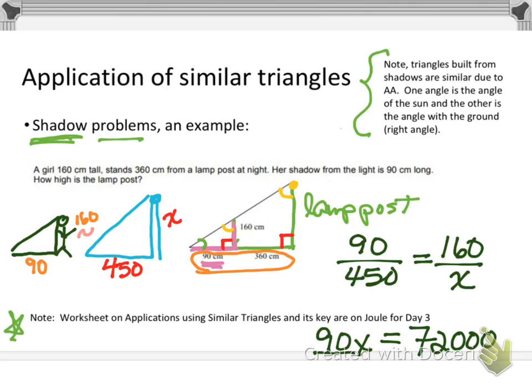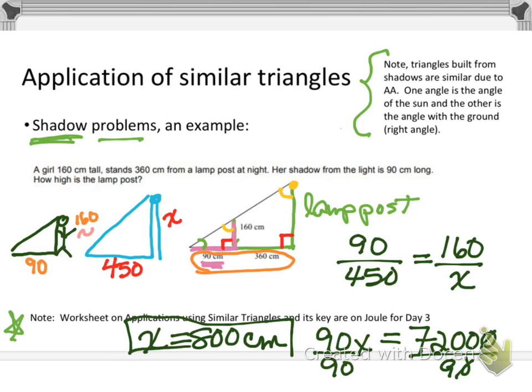Divide both sides by 90. Okay, so that's 7200 divided by 9, and I'm getting x is 800. And if they gave me feet or meters or centimeters, I had to give them back the units. Everything was in centimeters. This lamppost is 800 centimeters, and that's how I use similarity to answer shadow problems.